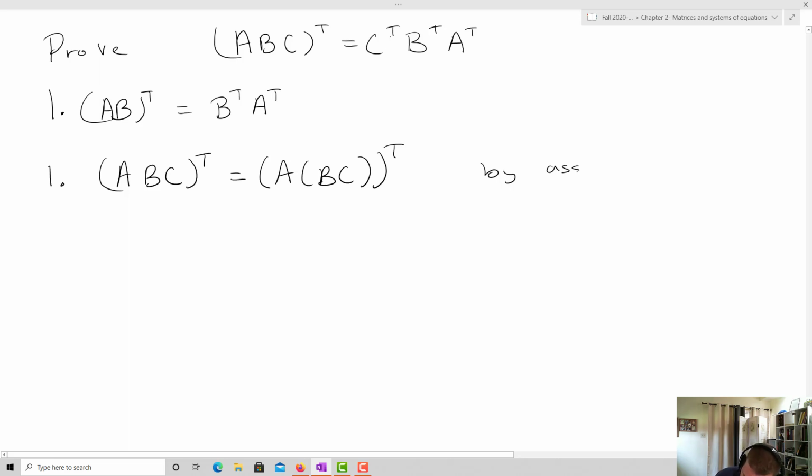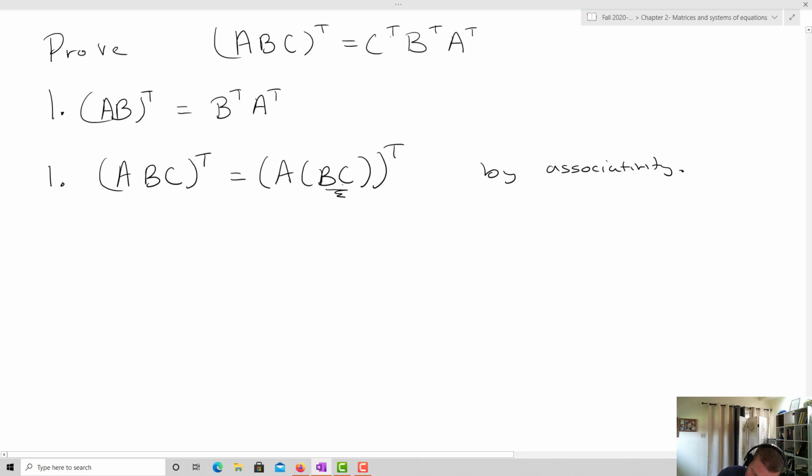That's our associative principle, that I can group them in any way that I want. And we saw that. That's associativity, which is great. Now I'm just going to treat BC as its own matrix, one solid matrix, and A as a separate matrix that's left multiplying BC.